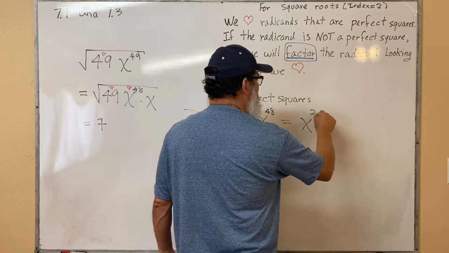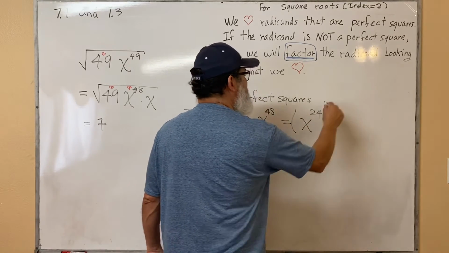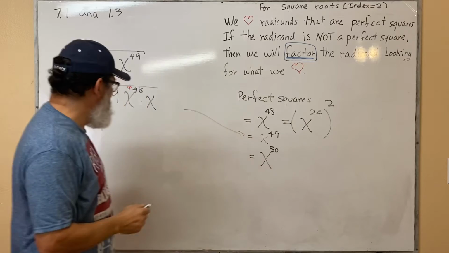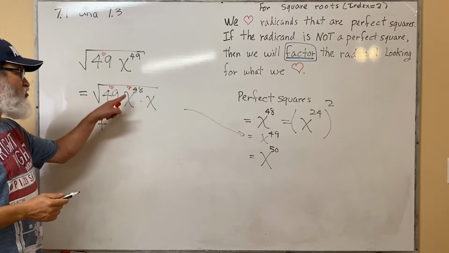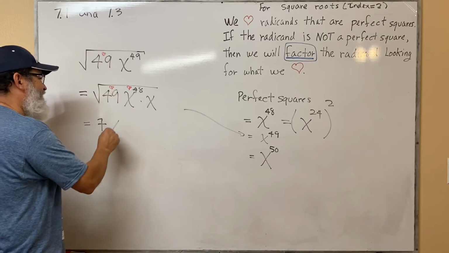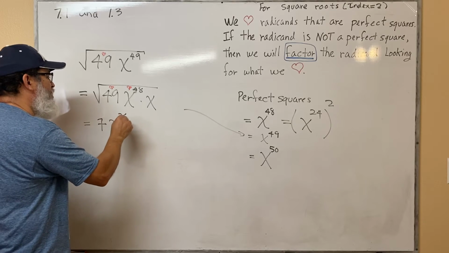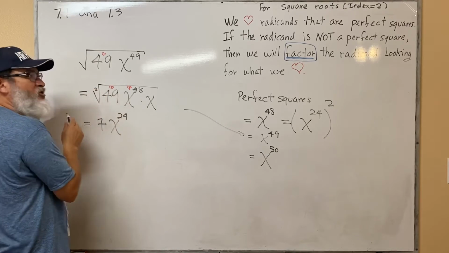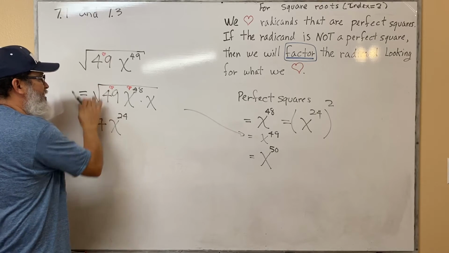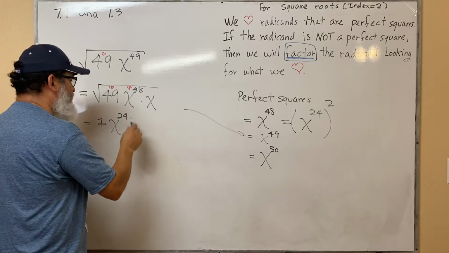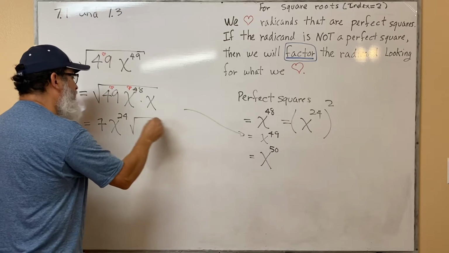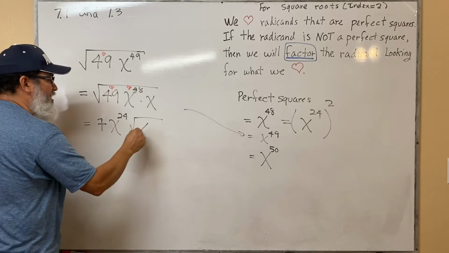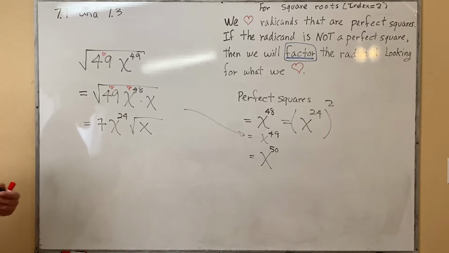X to the 24th was squared. So what is the square root of x to the 48th? X to the 24th. Hey guys, just take 48 divided by 2. The index here is 2. Just take 48 divided by 2, you get that. And so therefore this equals 7 x to the 24th times the square root of x, which stays inside. Okay.